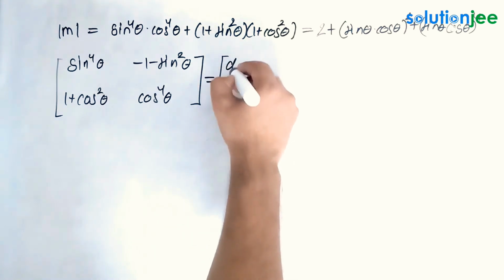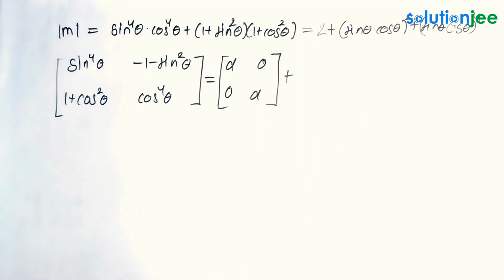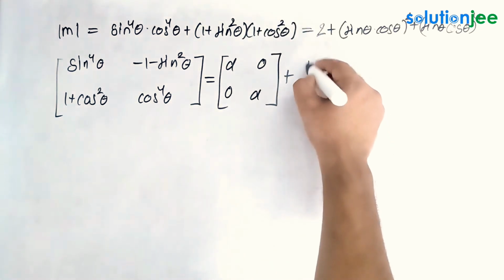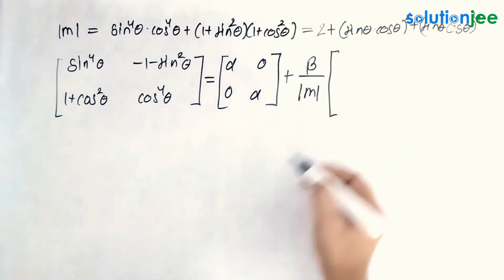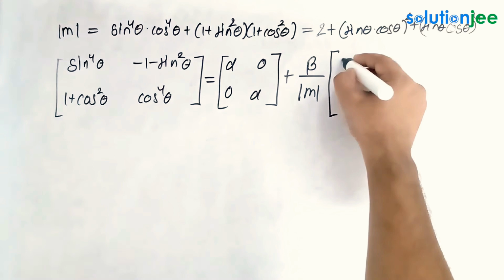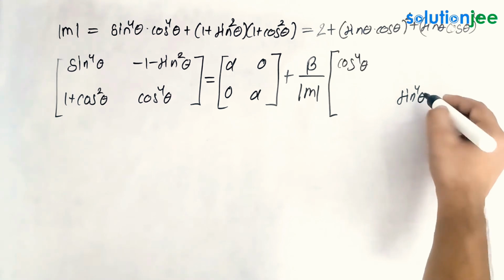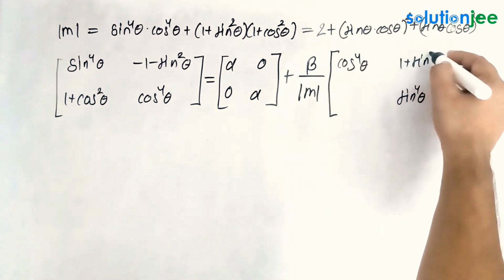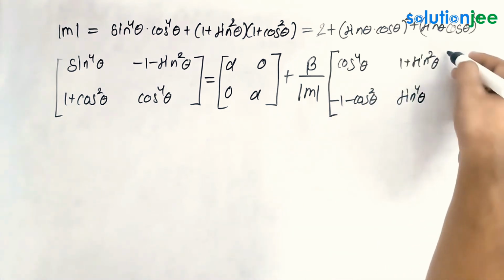So here we have alpha 0 0 alpha plus beta M inverse, and here we know that M inverse is equal to adjoint of M divided by determinant M. So it will be beta divided by determinant M, and the adjoint of M will be given by cos raised to power 4 theta, minus sin raised to power 4 theta, 1 plus sin square theta, minus 1 minus cos square theta.